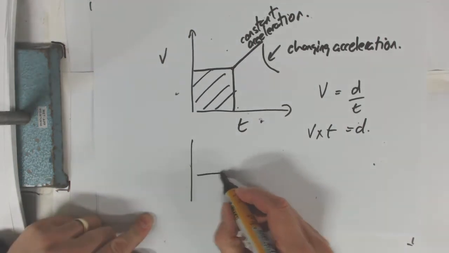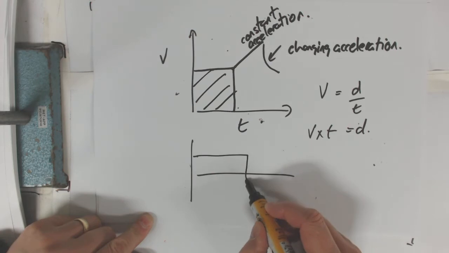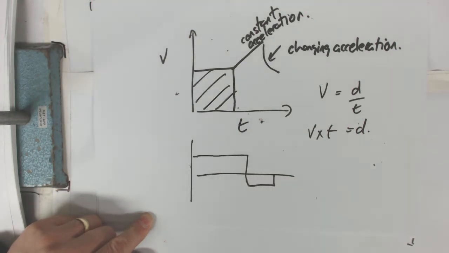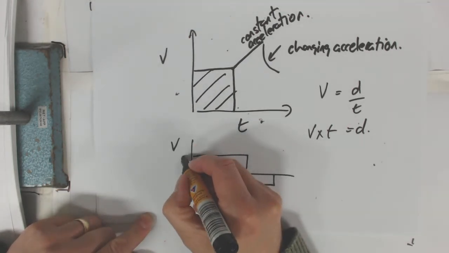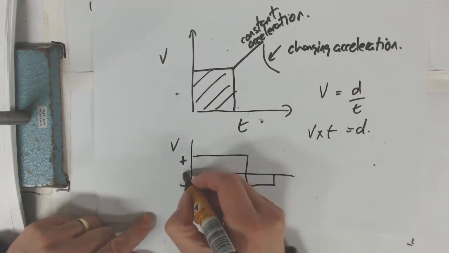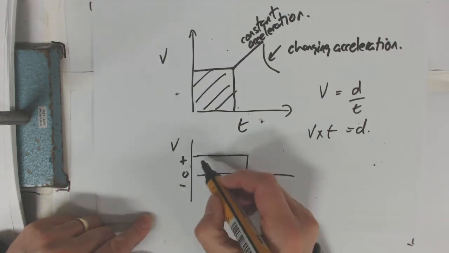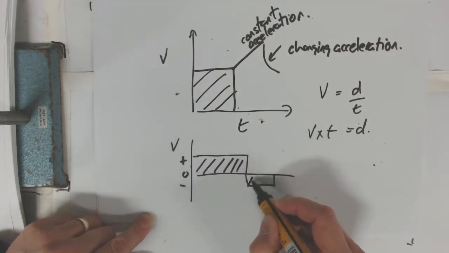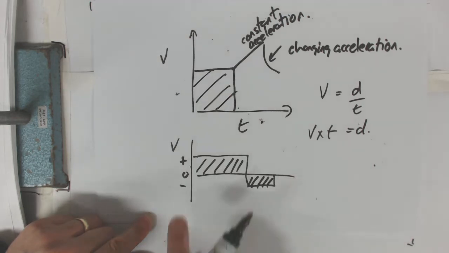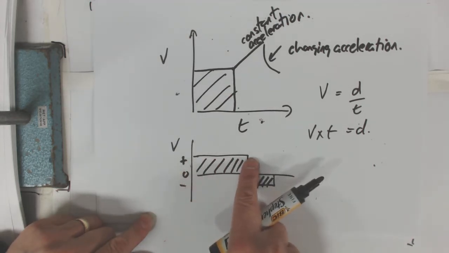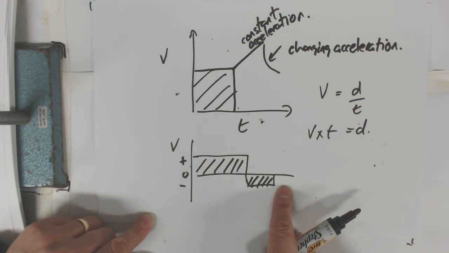So if you had a graph that went something like this, and that was positive velocity and that was negative and the middle was 0, then this is positive displacement and this is negative displacement.